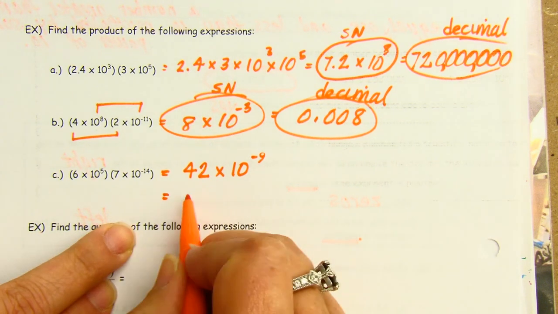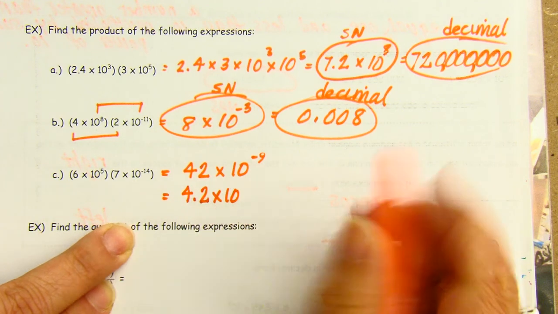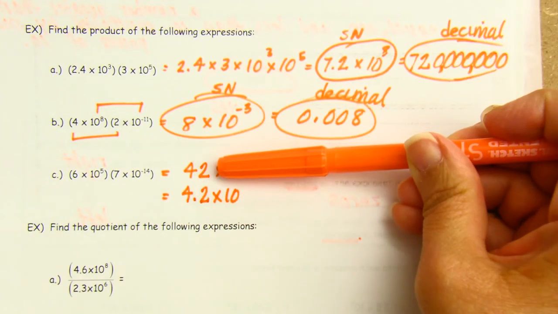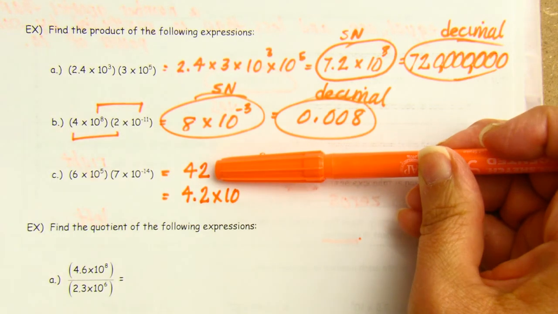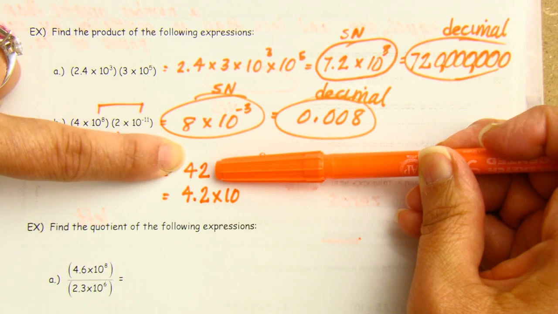This number is really 4.2 times 10. I'm going to cover this up for now because I'm not going to consider this piece right now. I'm just converting 42 into 4.2 times 10 to the power of, well, remember 42 is a big number.